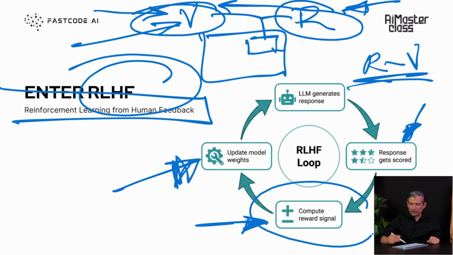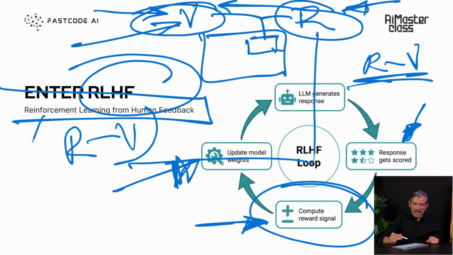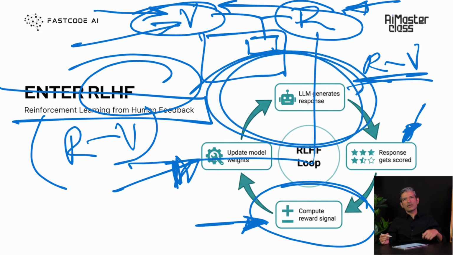To compute the reward signal, you also have to train a reward model, just the way I spoke about here. And then once we have our reward and value functions, we can use this R minus V to weigh our cross entropy loss when we train our LLM after the LLM generates a response. So that's all that there is in RLHF.